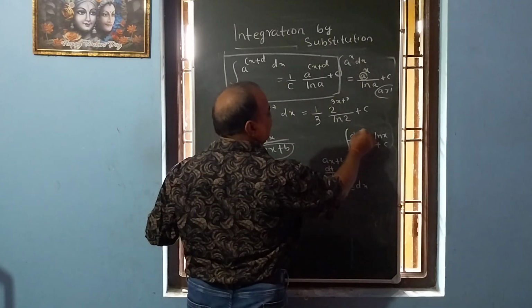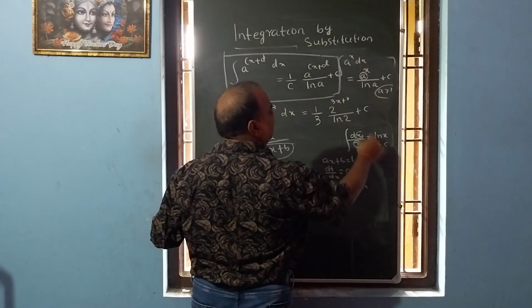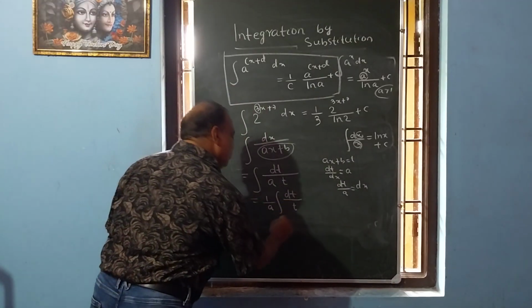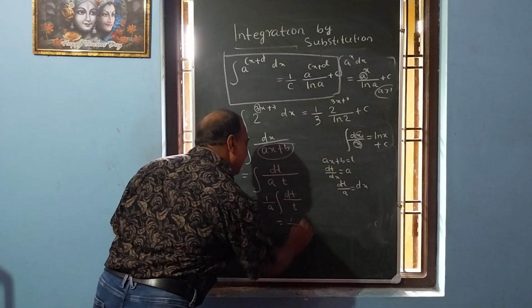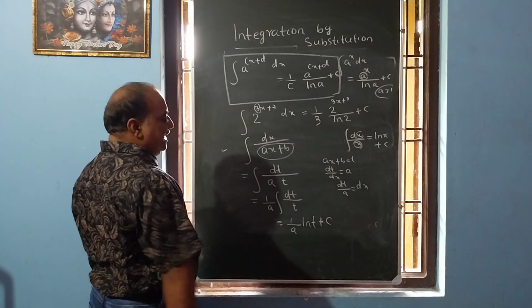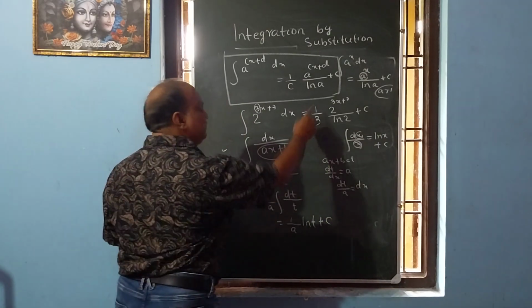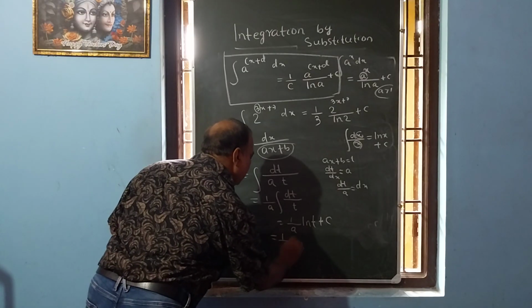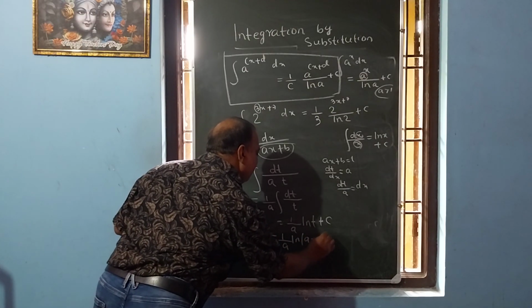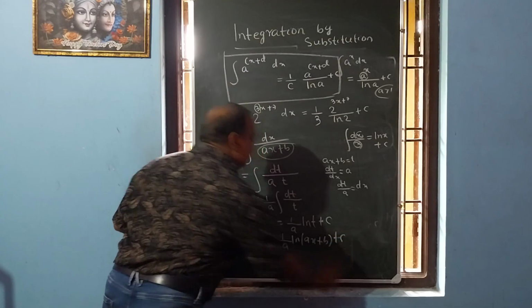Integration of dx by x is ln x plus c, so integration of dt by t is equal to 1 by a ln t plus c. So in place of t we have to put ax plus b: 1 by a ln ax plus b plus c.